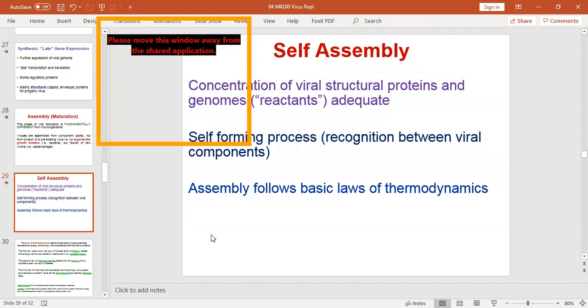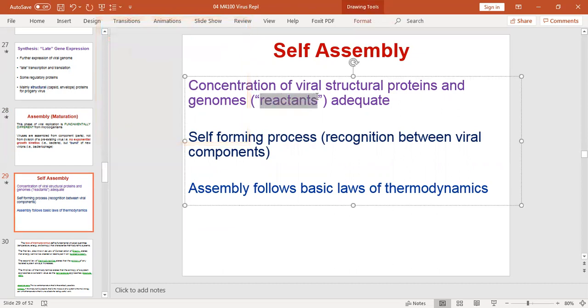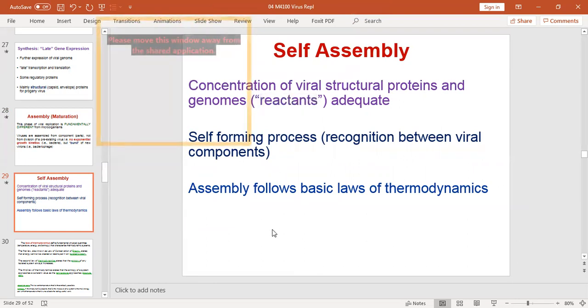Sometimes viruses undergo self-assembly. This is when the concentration of viral structural proteins and genome, which are the components that react with each other, so we call them reactants, is adequate.